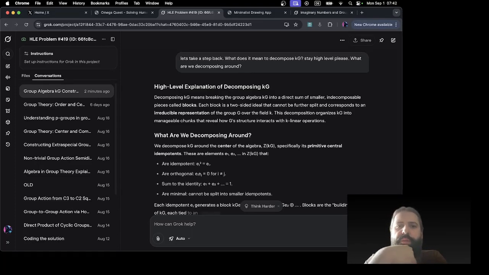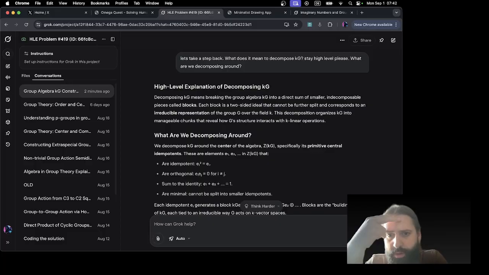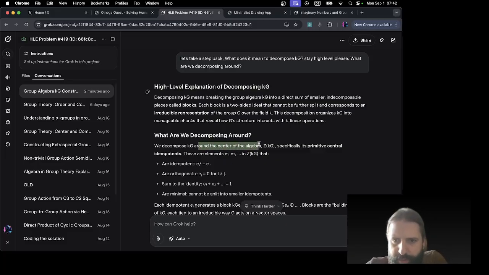Smaller pieces called blocks. We decompose KG around the center of the algebra.